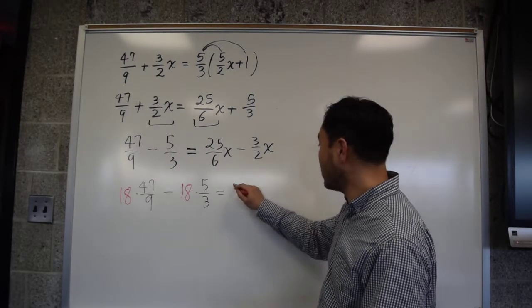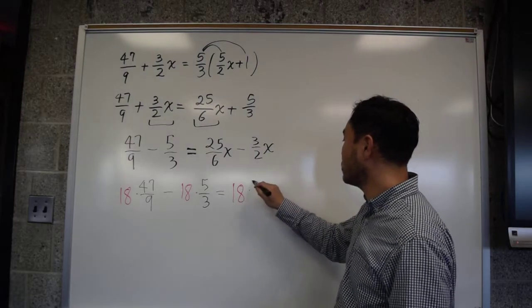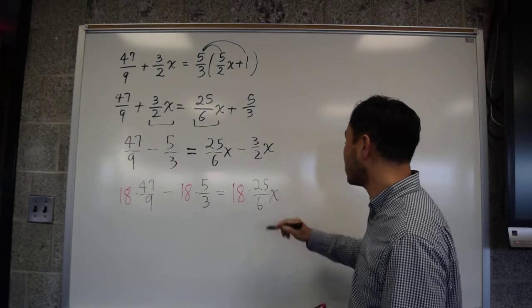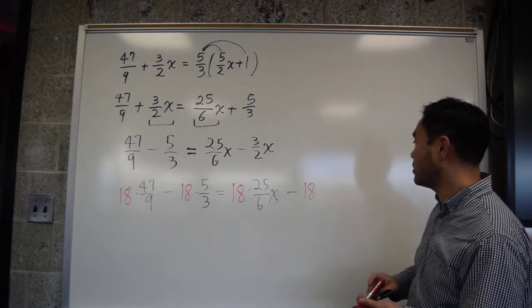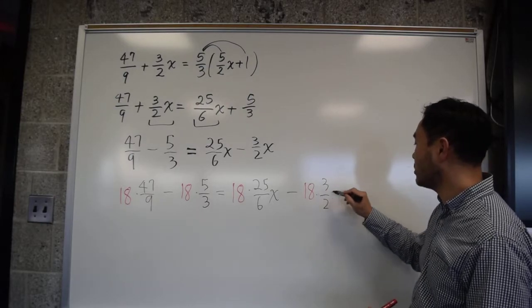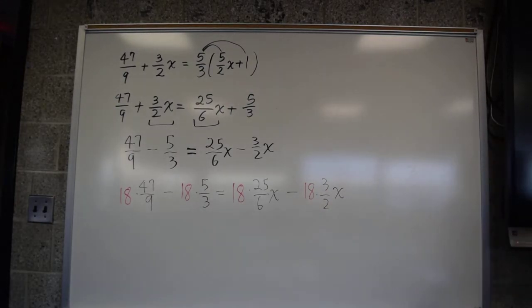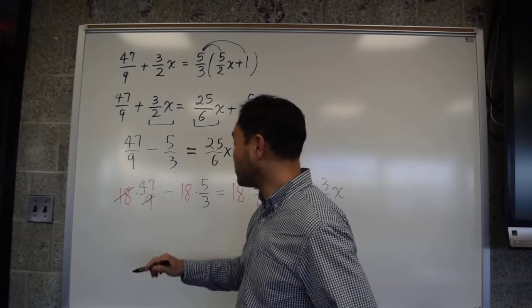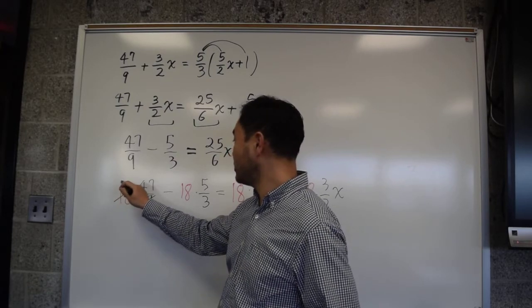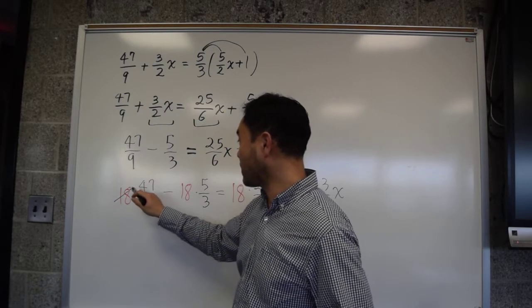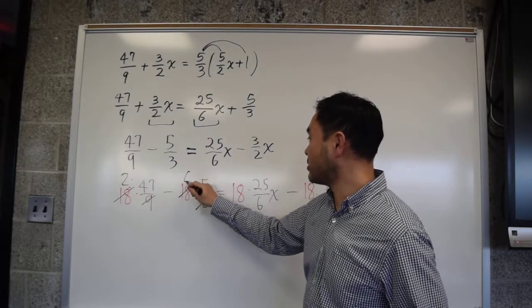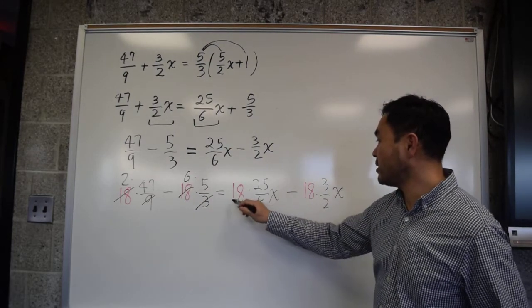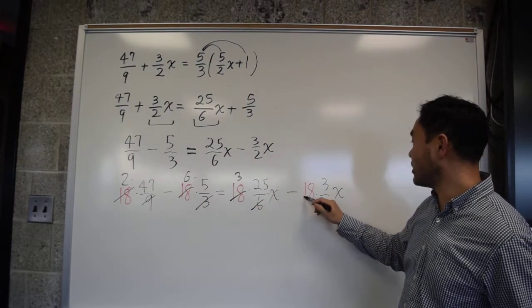And it's 18 times 25 over 6x minus 18 times 3 over 2x. 18 and 9 cancel, and what's left? What's 18 divided by 9? 2. 3 and 18, what's left? 6. 6 and 18? 3. 2 and 18, that's 9.